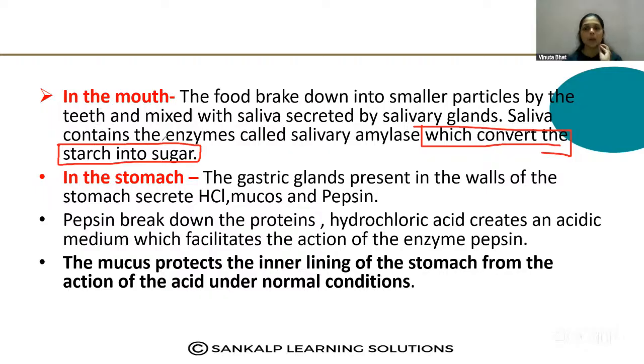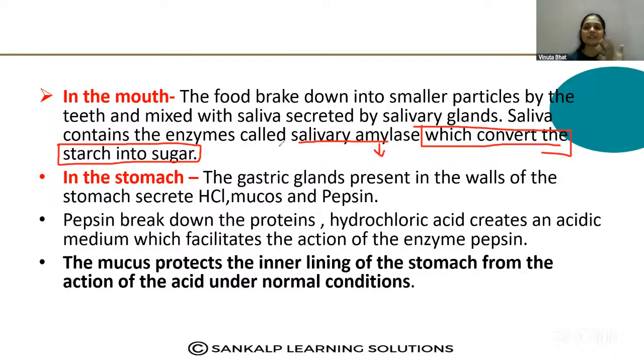Why? Because the enzyme present in the saliva, salivary amylase, converts the starch present in the chapati into sugar.